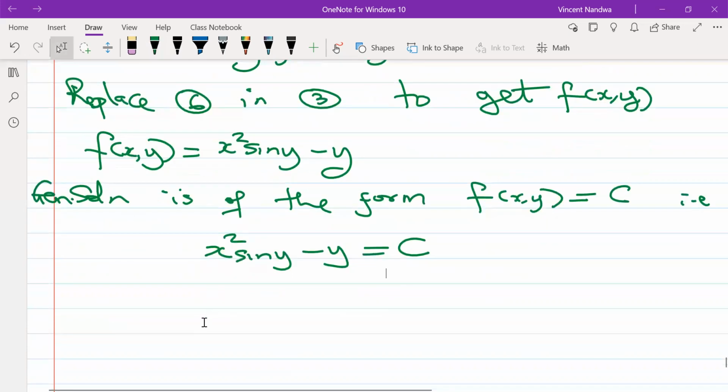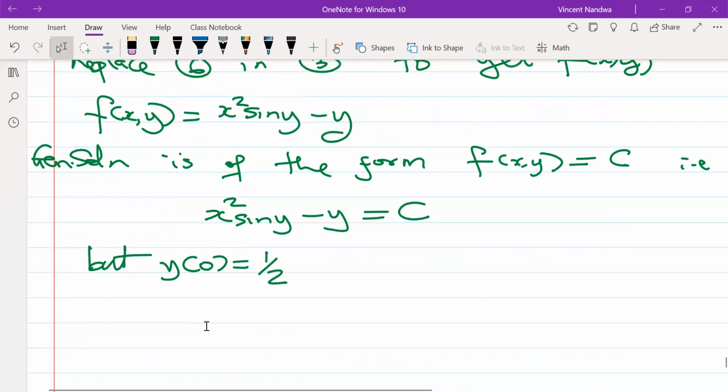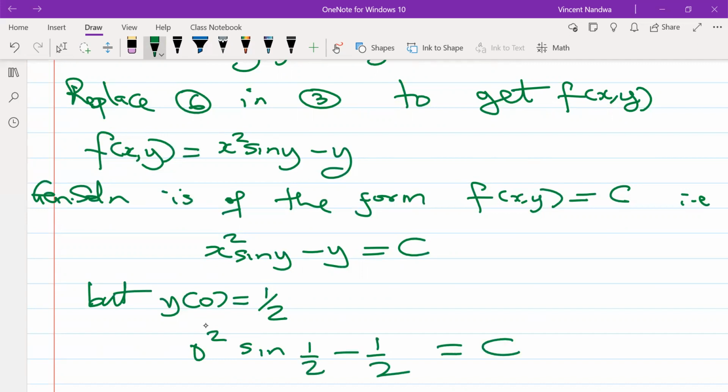But now we were given extra information that y at 0 is a half, which means when x is 0, y must be a half. So we'll have 0 squared sine of a half, minus a half, should give us c.